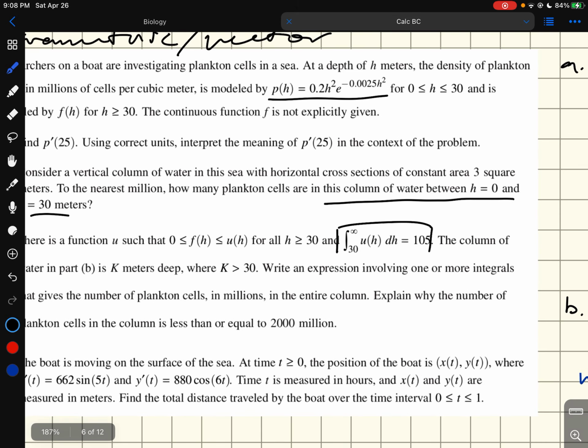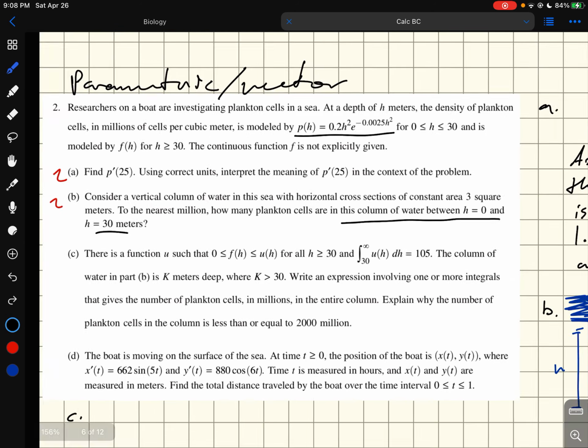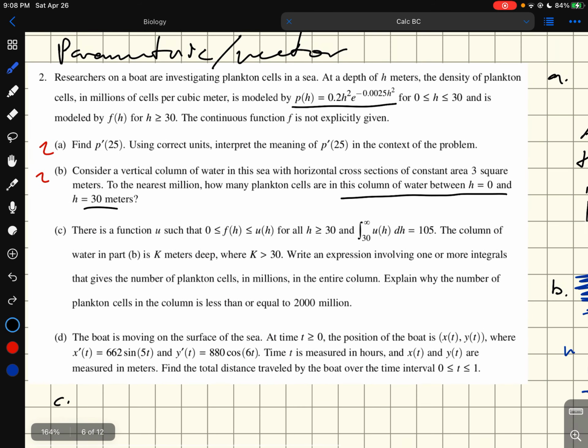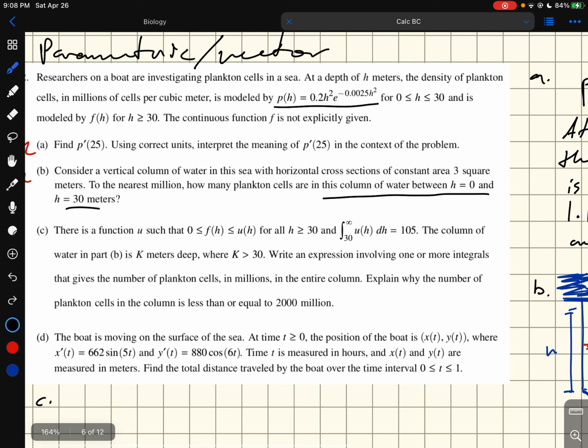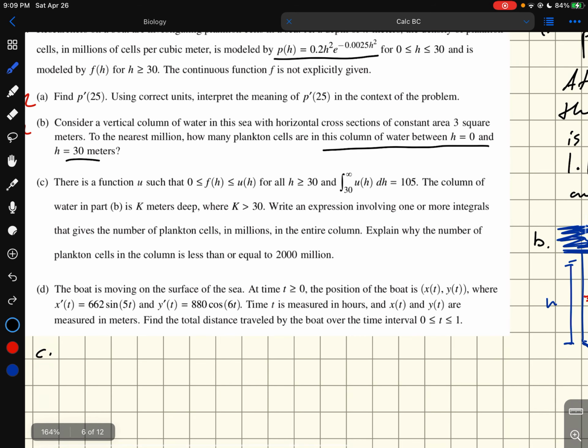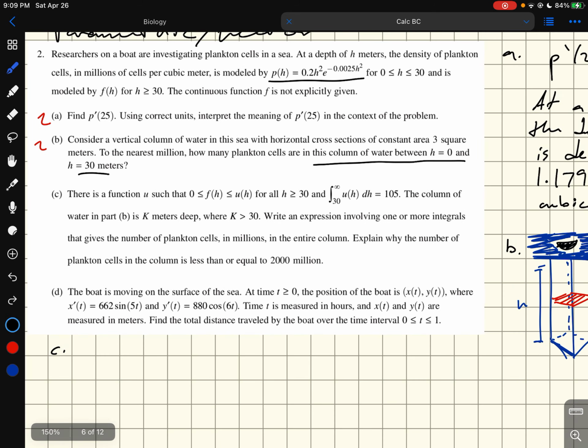They're telling us that the integral from 30 to infinity is equal to 105. And our column of water in B is k meters deep, and k is greater than 30, so they're just giving it a name. We want to write an expression for the number of plankton in the entire column, and then show that it's less than or equal to 2,000 million. Interesting number.